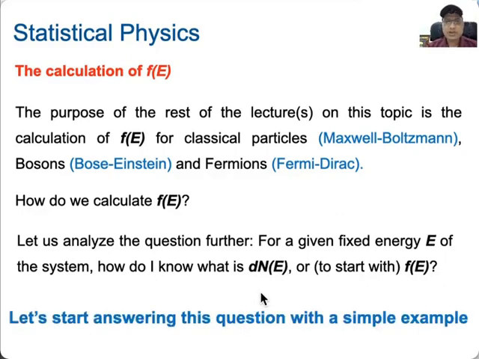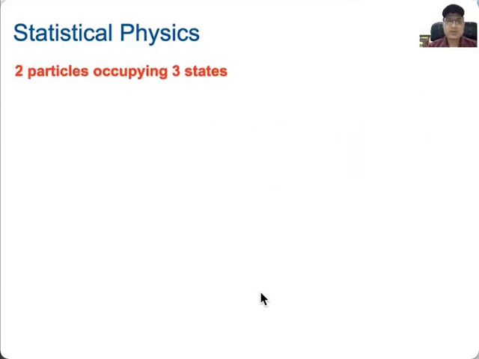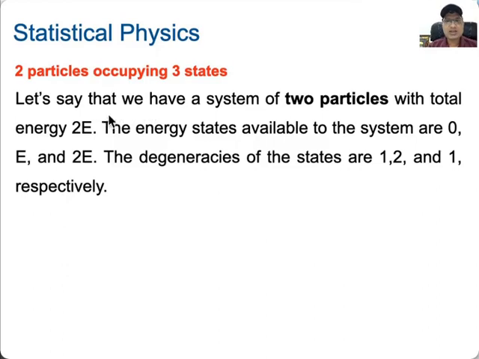So let's consider a very simple example for this purpose. Here we are going to consider two particles, and these two particles can occupy three states. Let's say we have a system of two particles with total energy 2E. The energy states available to the system are 0, E and 2E, and the degeneracies of these states are 1, 2, 1 respectively.